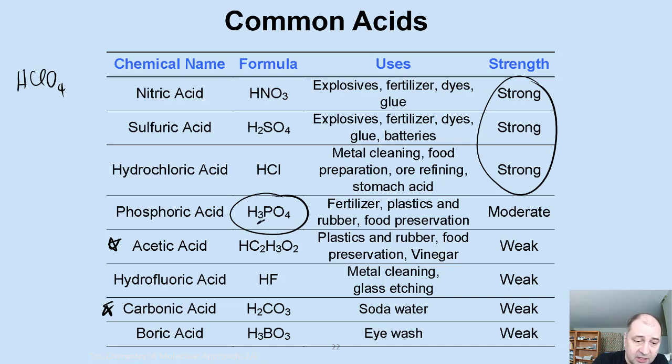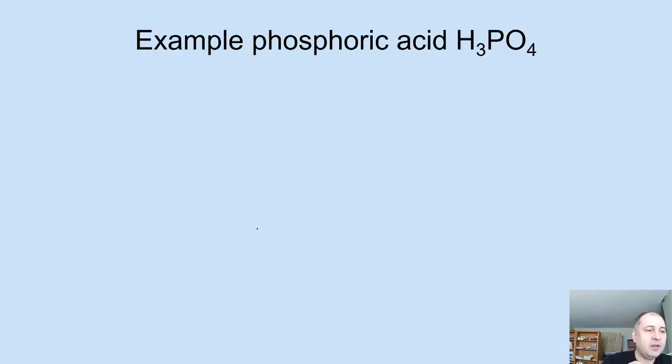And so this one is actually interesting. It's a polyprotic acid. It has 3 acidic protons, and they each come off in separate steps, right? So the first equilibrium constant is actually pretty high comparatively. It's not strong, so it's smaller than 1.